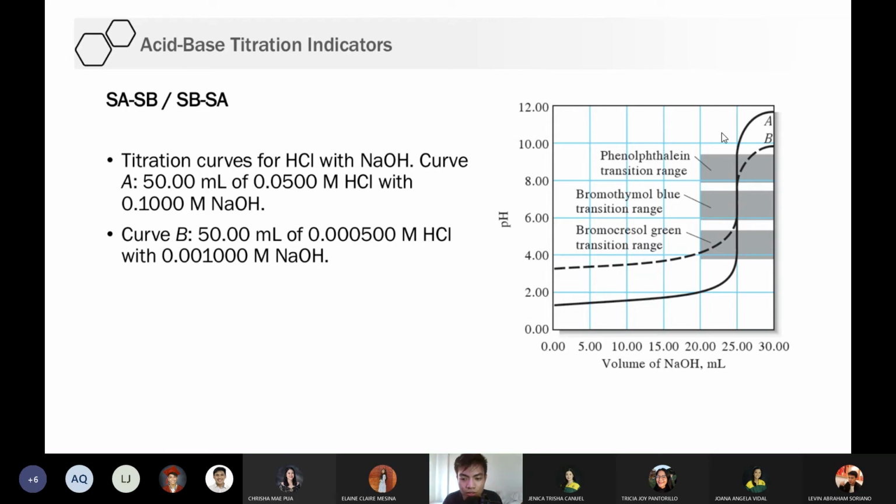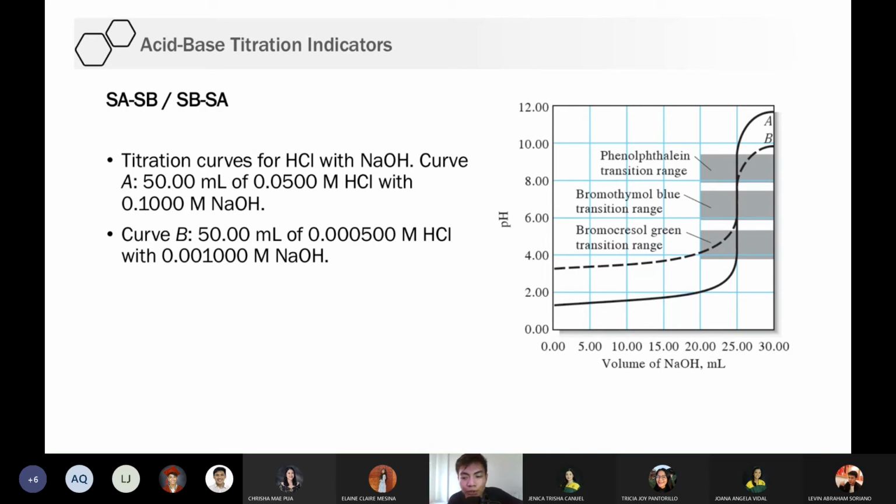However, at lower concentration, what happened to the inflection point? Lumiit siya. Okay? So, nag-start na siya around 5, natapos sa 8. So, 3 na lang yung pH gap niya. So, from 7, naging 3. Ano yung idea dito? Is that at lower concentrations, the inflection point is shorter.